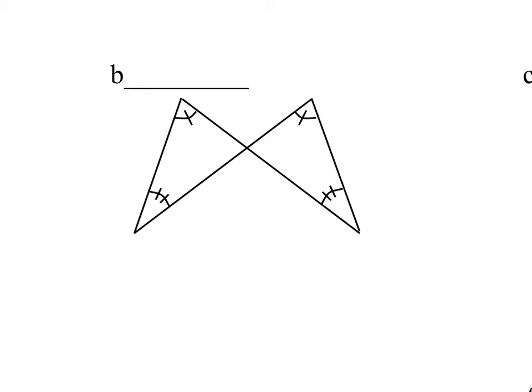In these two triangles, these two angles have the same tick marks, so they are congruent. These angles have the same tick marks, so they are also congruent. So far I have an angle and an angle. Now using the vertical angle theorem, these two angles are also congruent because the vertical angles are congruent.